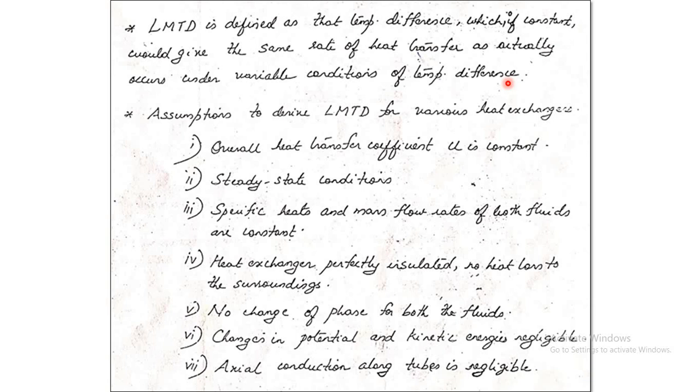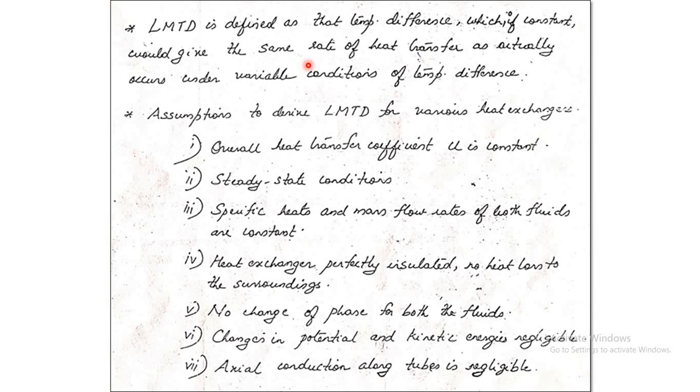Actually, in practice, the temperature difference between the cold fluid and hot fluid from inlet to outlet is varying continuously. But if we consider a constant temperature difference throughout the heat exchanger, it will give the same heat transfer rate.